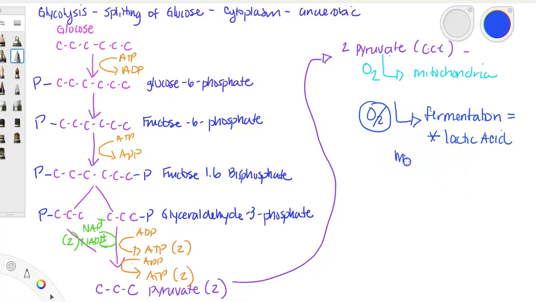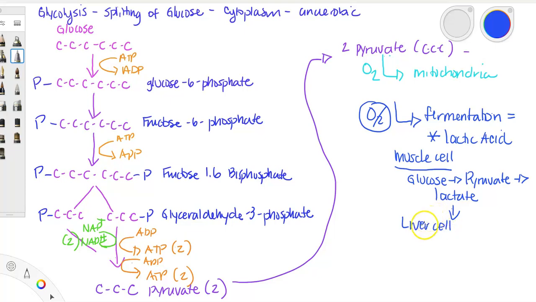So if we look at a muscle cell, we've got glucose to pyruvate to lactate, and then it goes to the liver cell, and the lactate goes to pyruvate.